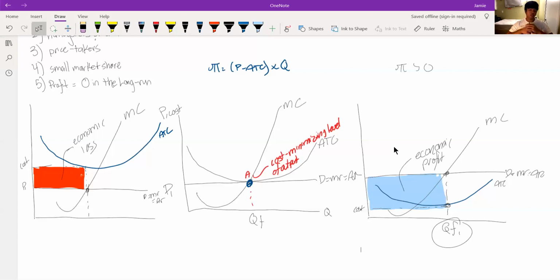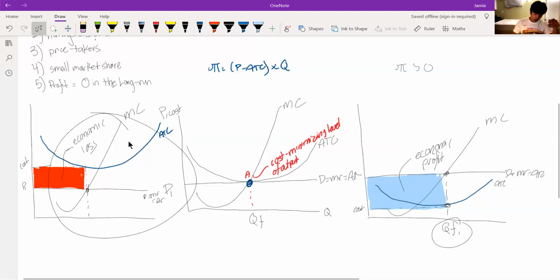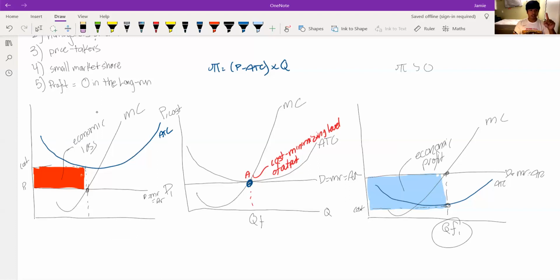The same thing can be said for negative profit. So depending on the shutdown rule, if the price is above the minimum average variable cost, these firms earning a loss here are going to produce in the short run to cover some of their fixed costs and some of their variable costs, but they will exit, they will kaput, in the long run.